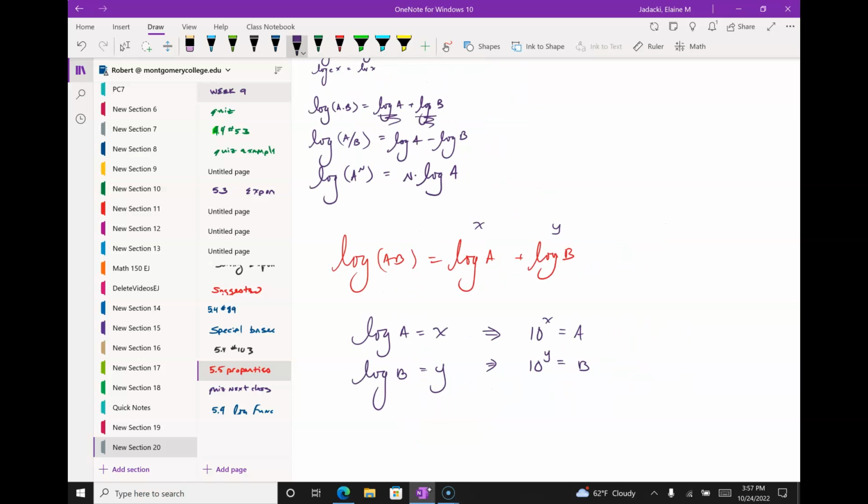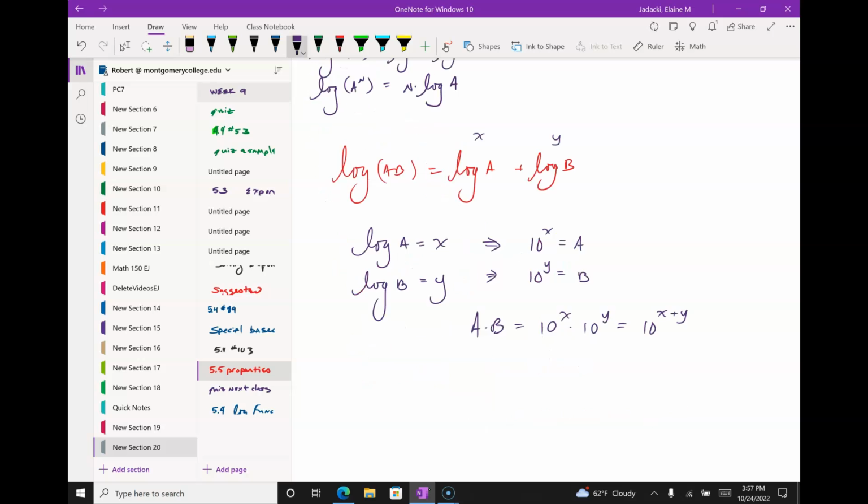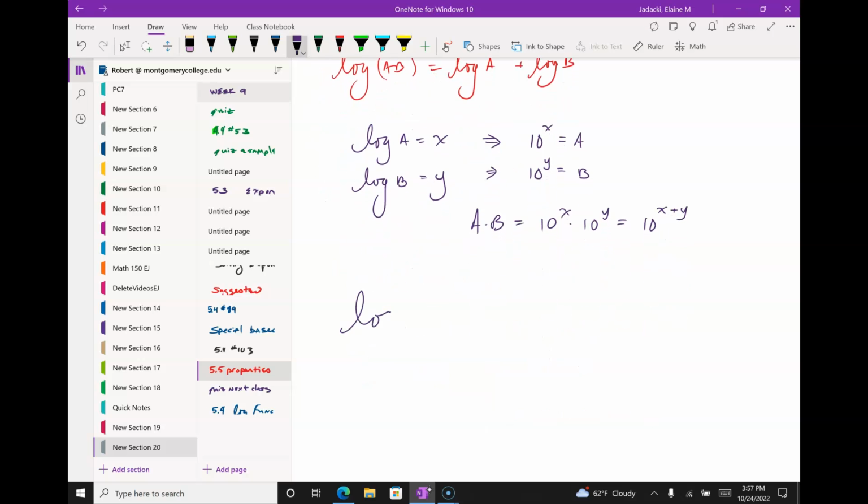So if I take this information and look at a times b, what do I get? I get 10 to the x times 10 to the y, which is 10 to the x plus y, right? And now look at log of AB. That is now log of 10 to the x plus y. Let me call that z.